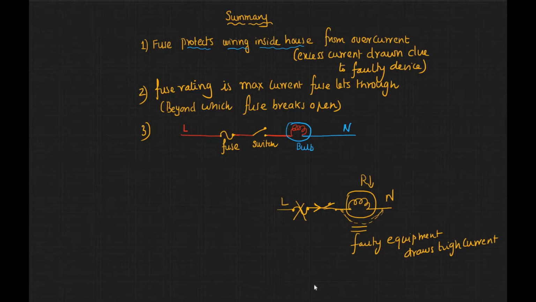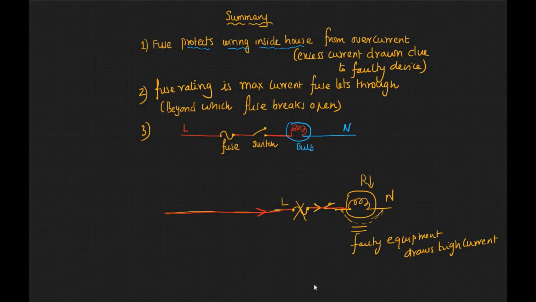But what you're trying to do is, when the fuse breaks up, you are actually protecting the whole wiring inside your house. Otherwise, all the wiring that brings in your current is at risk if you're drawing too much current. So it basically protects the wiring. The fuse protects the wiring inside the house from overcurrent, excess current drawn due to the faulty device.